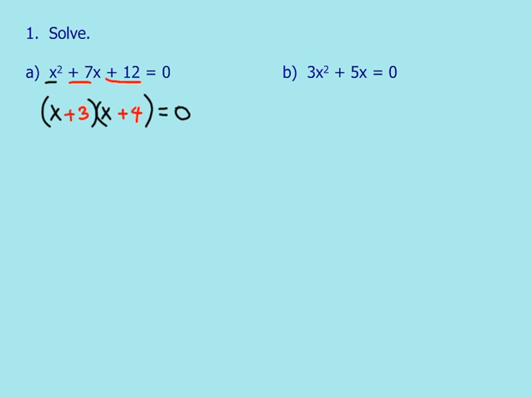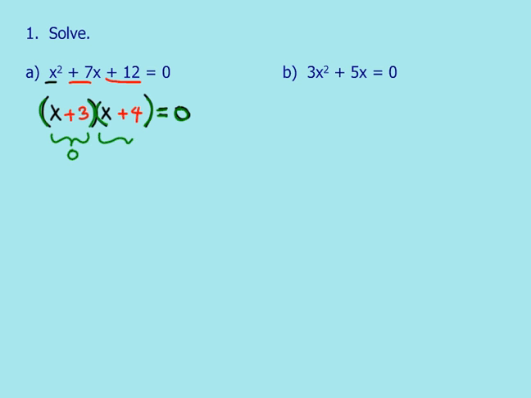Okay, now we've done this part before when we were factoring, but we've never actually solved before. And here's the logic behind the solving. There are two brackets, two sets of brackets here, which means that they're multiplying each other. And these two numbers have to multiply to give you a 0. There's only one way that two numbers can multiply together to give you a 0, and that's if this bracket equals to 0.